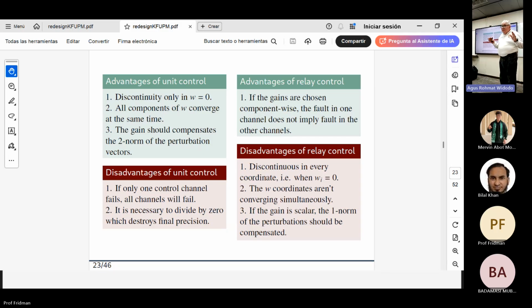And that is why here it is the first step. The first step is telling, okay, if it is so, what will happen? We will have the advantages of the unit controller, which is what? That all the discontinuities are only in a region. So all components will converge at the same time, and the gain should compensate, mathematically speaking, the two norm of the perturbations. The disadvantage is that if one channel fails, all will fail.